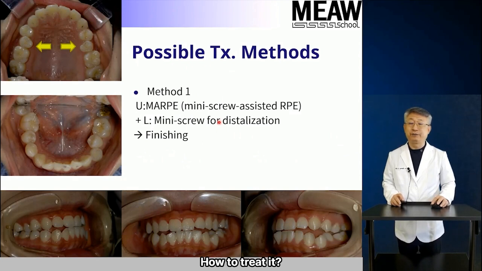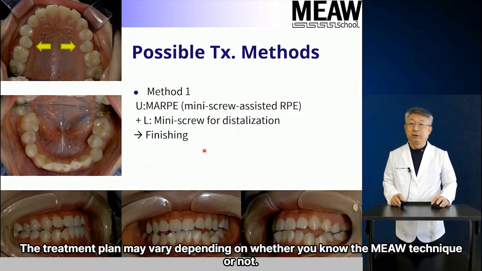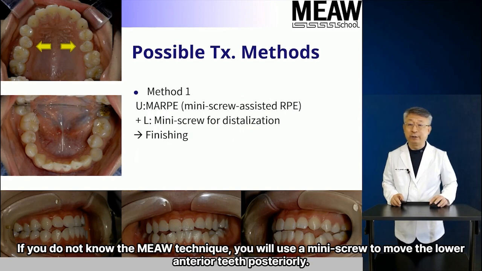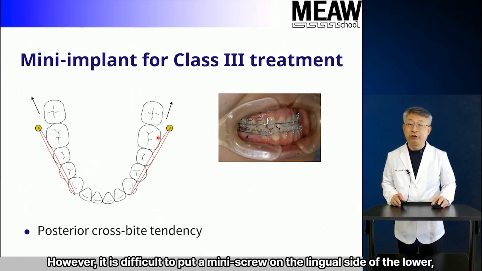How to treat it? The treatment plan may vary depending on whether you know the Mio technique or not. If you do not know the Mio technique, you will use a mini screw to move the lower anterior teeth posteriorly. However, it is difficult to put a mini screw on the lingual side of the lower.